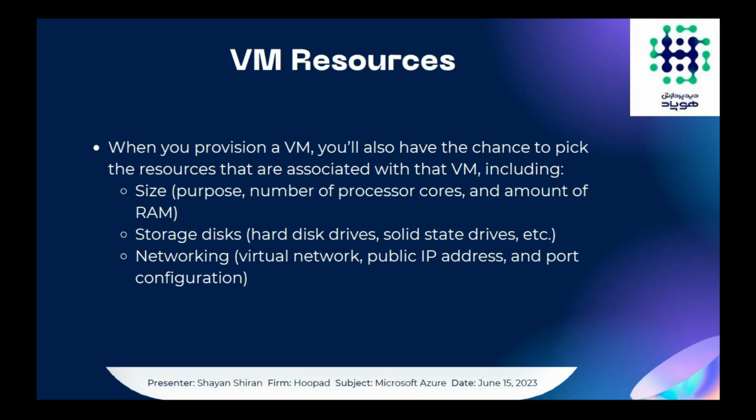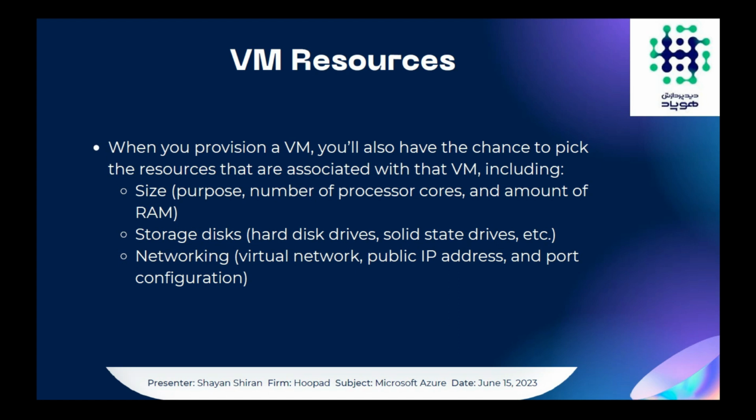When we provision a VM, we also have the chance to pick the resources associated with that VM, including the size or the storage disks. It means we have the ability to pick, for example, how many processor cores we need. It's up to us.